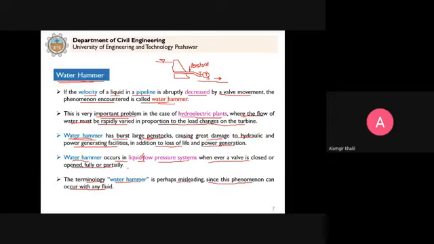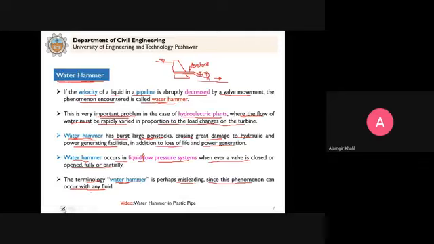So this phenomenon was given the name water hammer, because when you suddenly bring water to rest, it results in an increase in pressure. So it acts like a hammer. Clear? Like a hammer effect. But it is written in your textbook that this is perhaps misleading because the same effect can occur with any liquid. Clear?